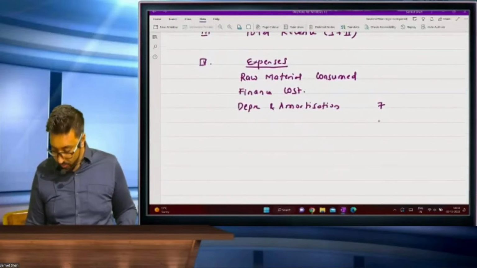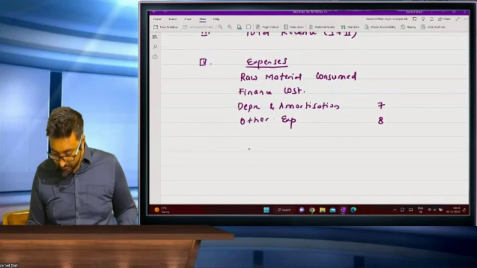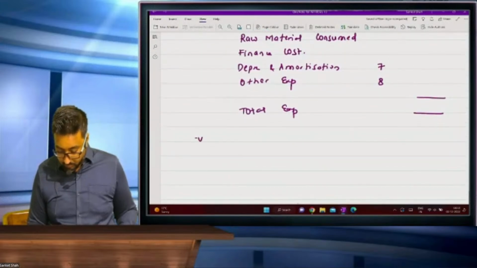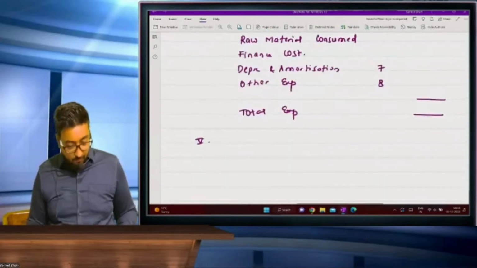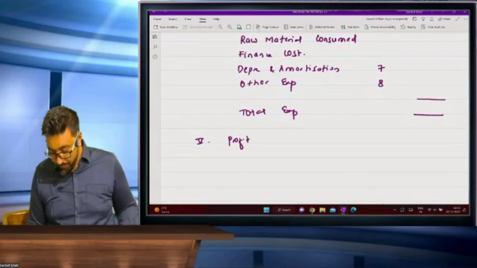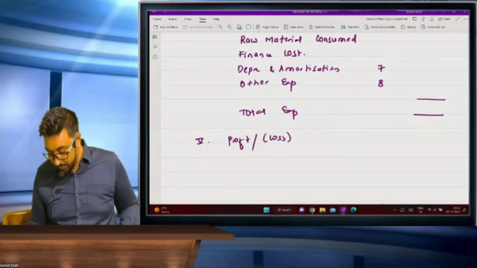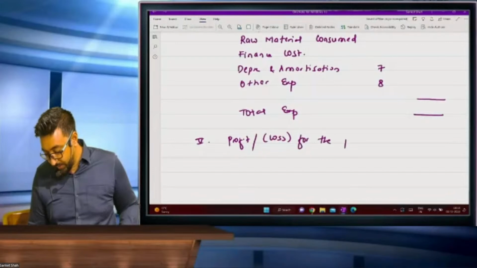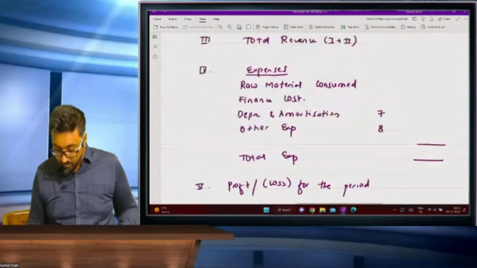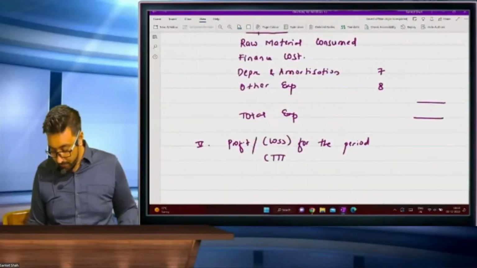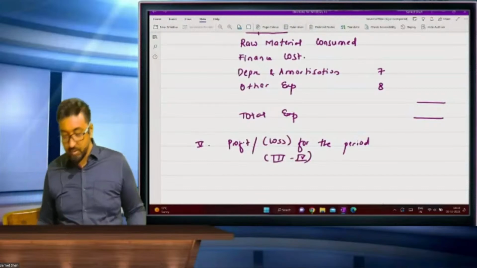Then we have other expense and then total expense. Five, profit or loss in bracket for the period, 3 minus 4.